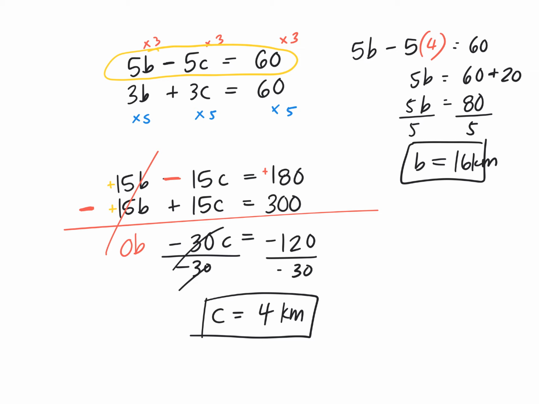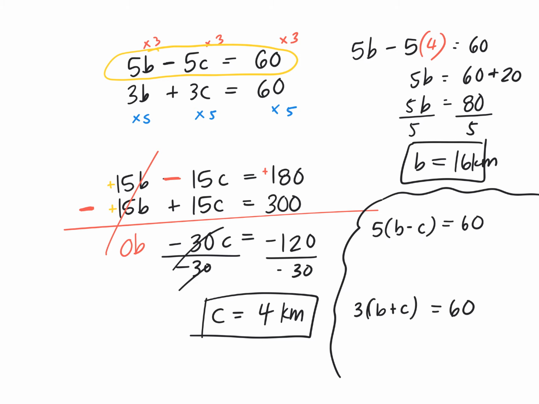So let's go back to our two original equations. Okay, these were our two original equations. And remember, it was time multiplied by speed. Well, what's the speed for the first part of the trip? It was 16 minus 4, right? What's 16 take away 4? 12.